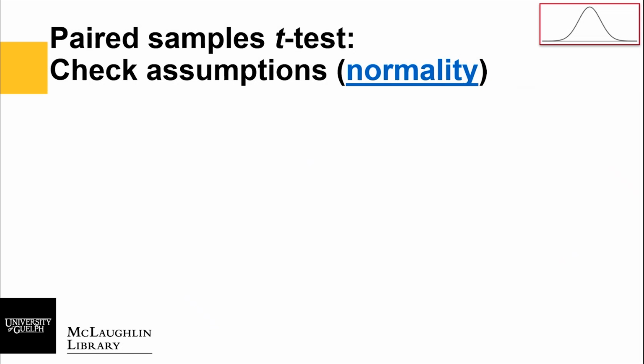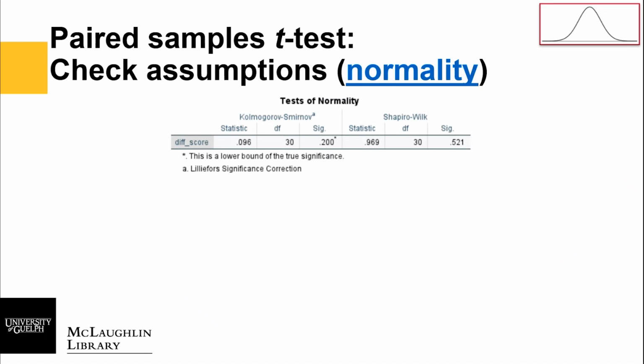The first thing we're going to look at is normality. If you scroll partway down your output file, you'll get a tests of normality table. And we can use this to check a statistic to see whether our difference score passes normality. If you have more than 50 observations per group, you're going to look on the left-hand side where it says Kolmogorov-Smirnov.